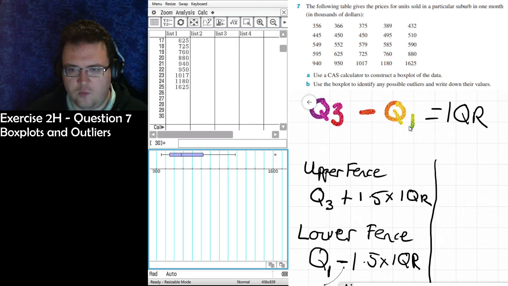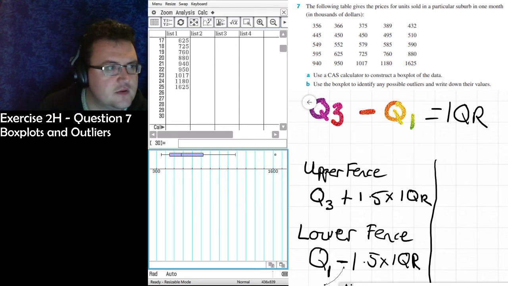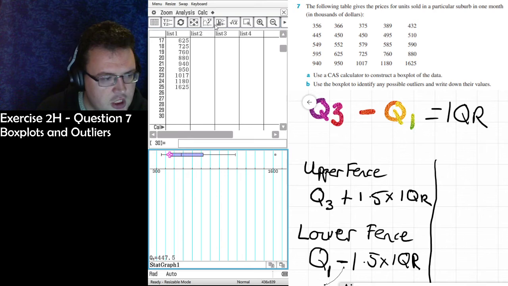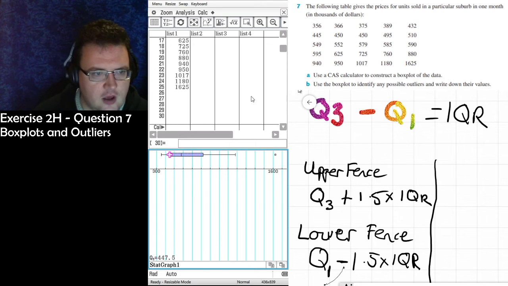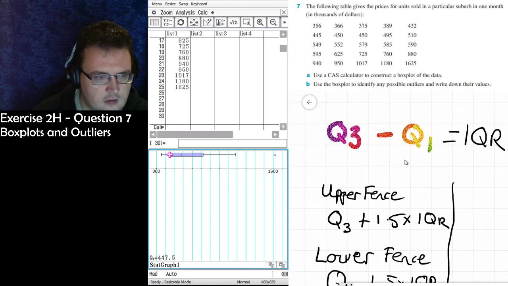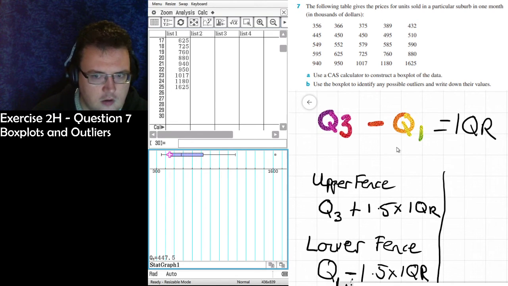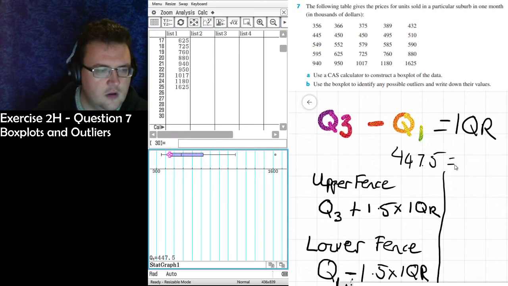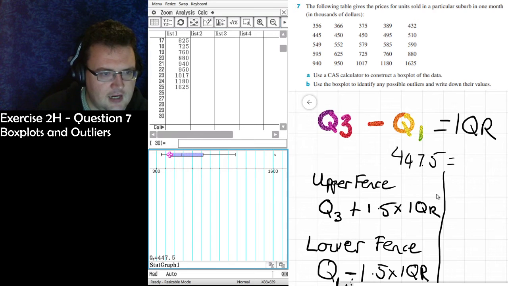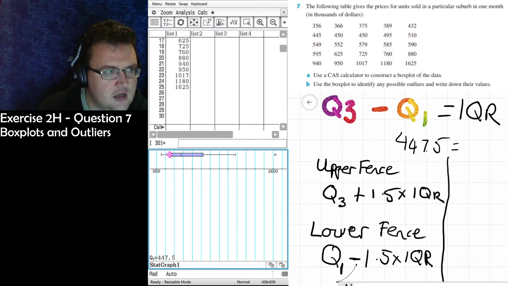So in the case of this document here, we need to figure out where Q1 and Q3 are. For that, we go back to our CAS and we open up our trace. Our Q1 is listed as 447.5, and our Q3 is listed as 820.